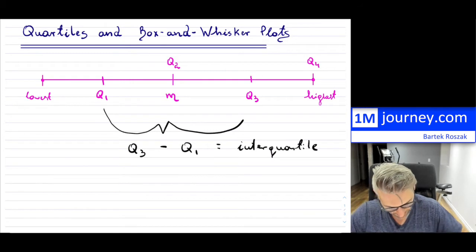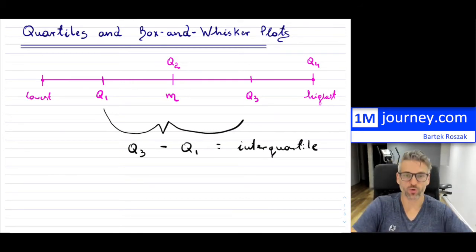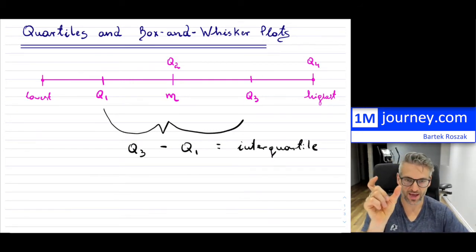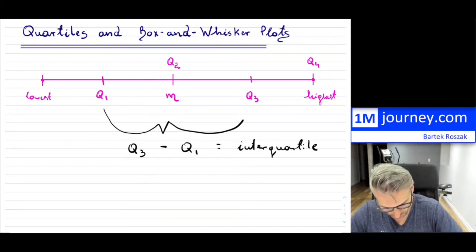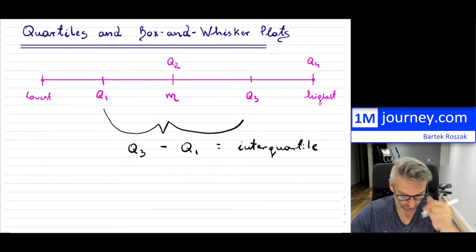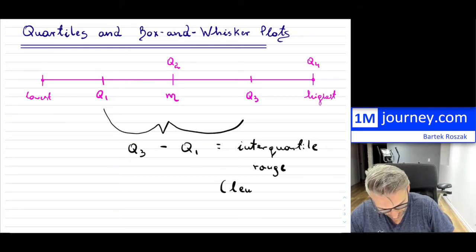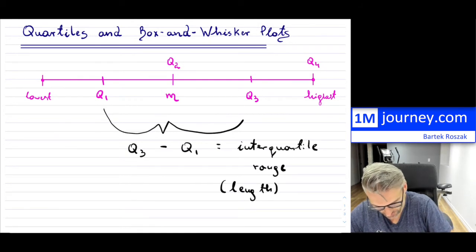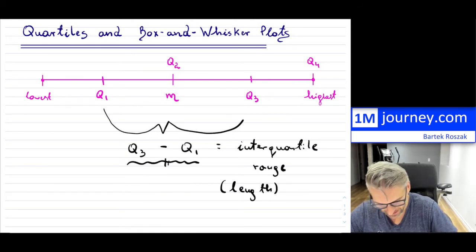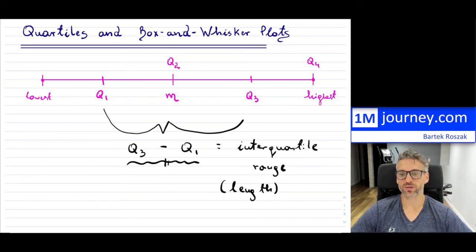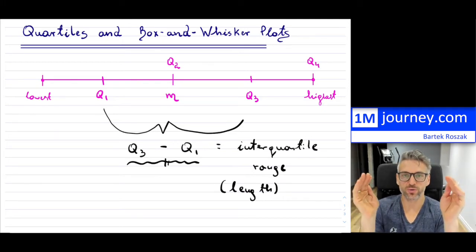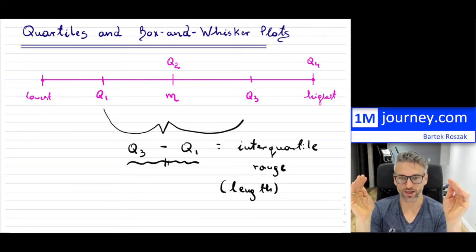The semi-interquartile range would be half of that. Sometimes you hear that word, semi-interquartile, but this is your interquartile range. It has a certain length associated with it, because mathematically, if you take Q3 and subtract Q1, you would know what the length of that interquartile range is.